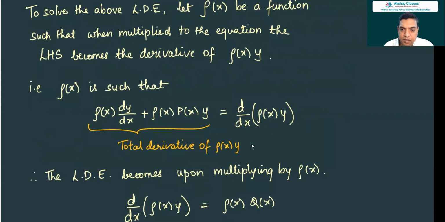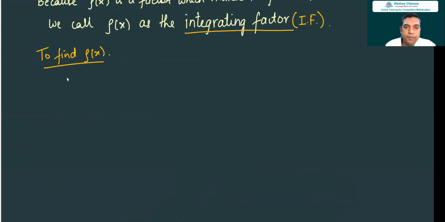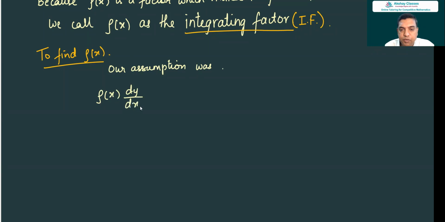So let's go back here. Our assumption was that multiplying rho of x to the left hand side of the differential equation, rho times dy by dx plus rho of x p of x times y, is the total derivative of rho of x into y.